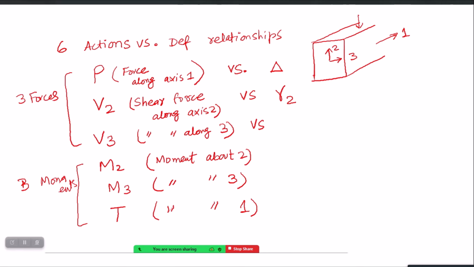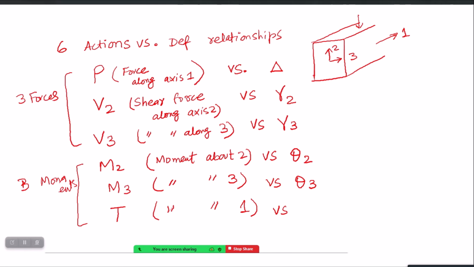Similarly, V3 will have gamma 3. In that particular direction, you can have shear deformation. M2 will have theta 2, which is the rotation about axis 2. M3 can have a deformation which is theta 3. And similarly, torsion will have a twist.